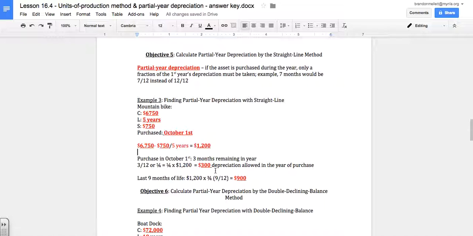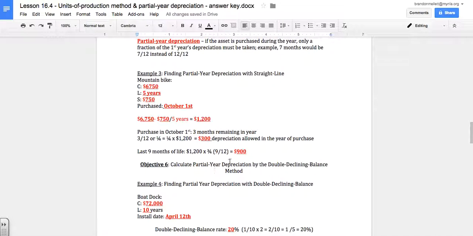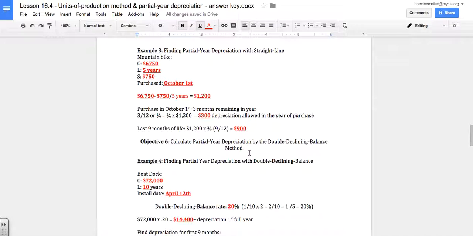And so for our bike, it would only depreciate $300 for the remaining 3 months of the year. Now, for the other side of it, if we were to go to the end of the 5 years, on that last year, it would only depreciate $900. So that's what that 900 is representing.